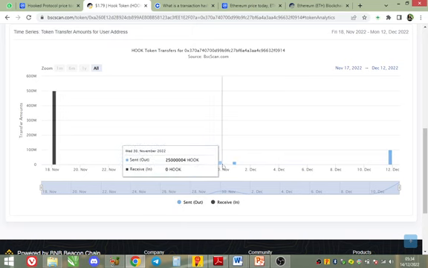If you go to 30th November, they sent out this particular amount, I believe 2 million or so.